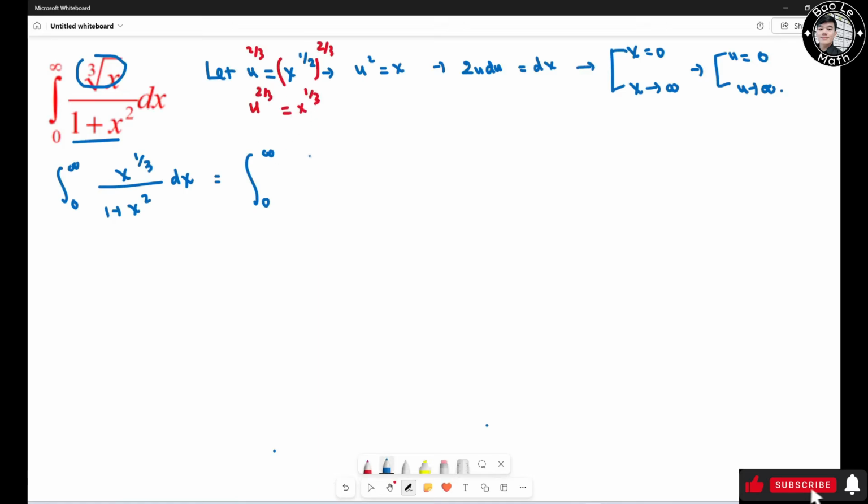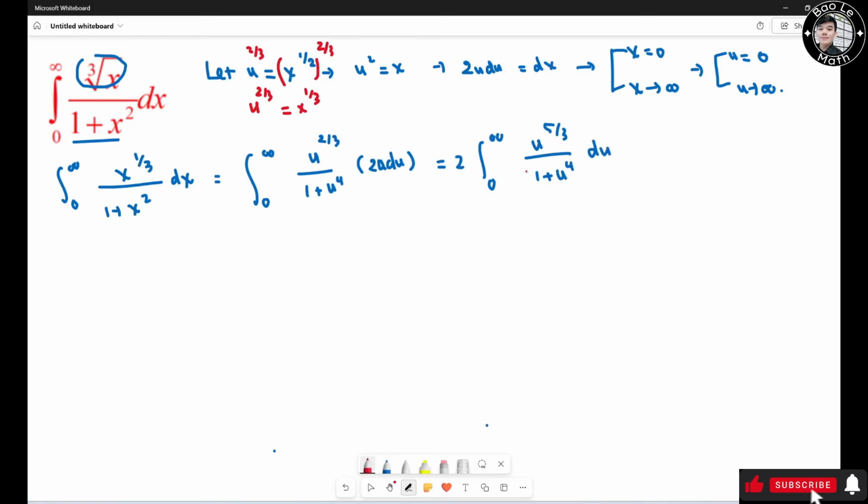So I have u to the 2/3 over 1 plus u to the power 4, times 2u du. Now I need to simplify this, so it turns out to be the integral from 0 to infinity of u to the 2/3 times u, which is u to the 5/3, over 1 plus u to the 4 du, and I'm going to put 2 in the front.